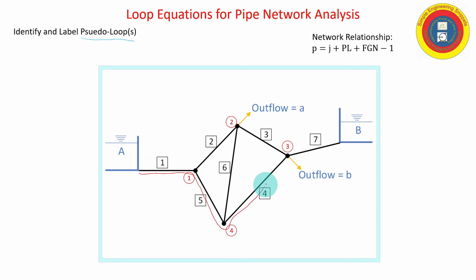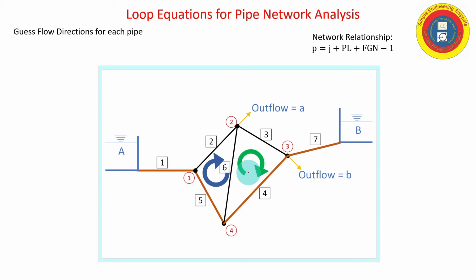And so I'm just going to march along the bottom of this hydraulic network, and my pseudo loop will contain pipe 1, 5, 4, and 7. That gets me from fixed grade node alpha to Bravo.